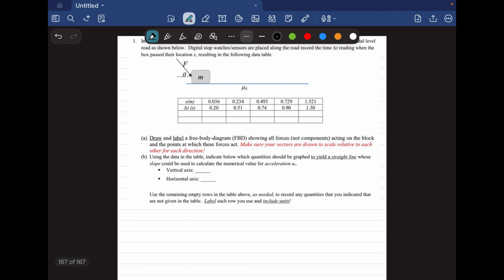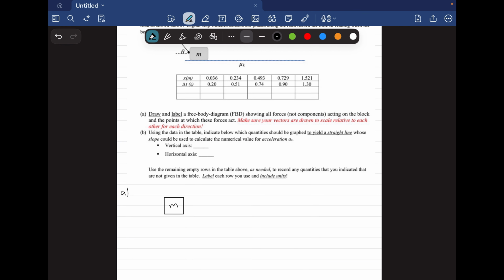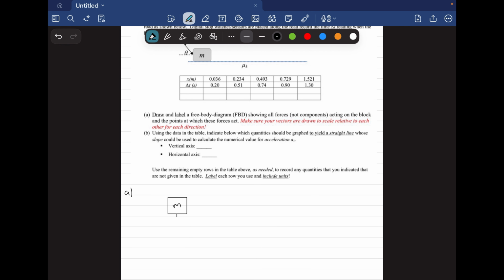So part A, we want the free body diagram. So draw the block, right? And then Fg is there, so it points down.